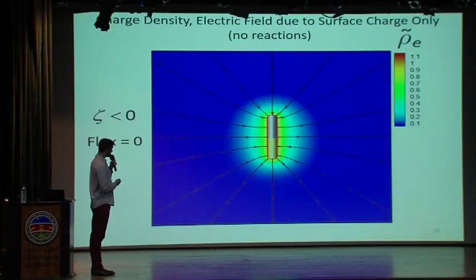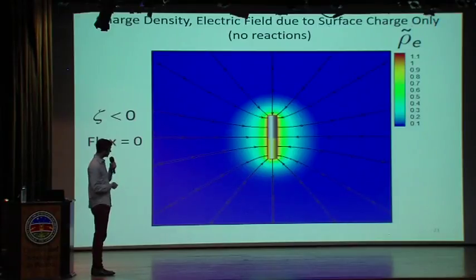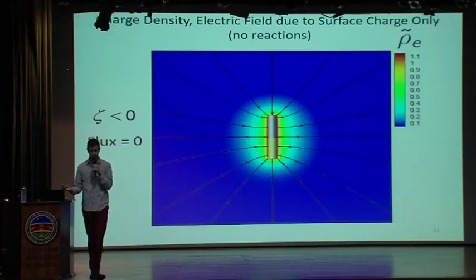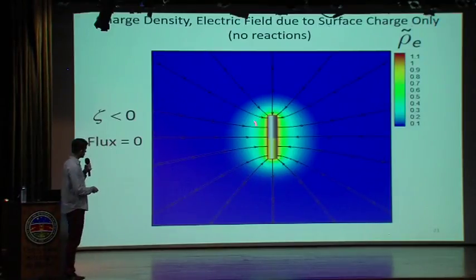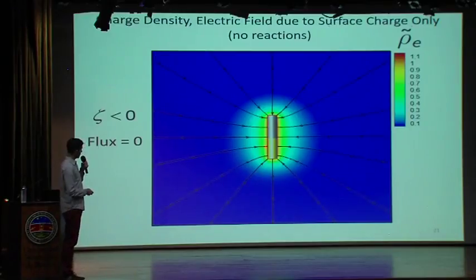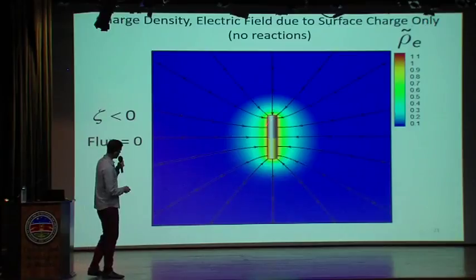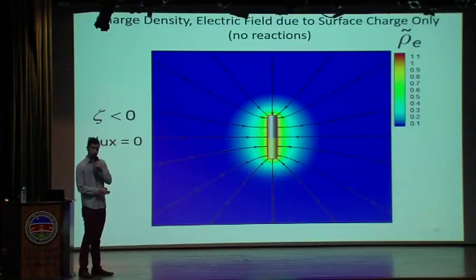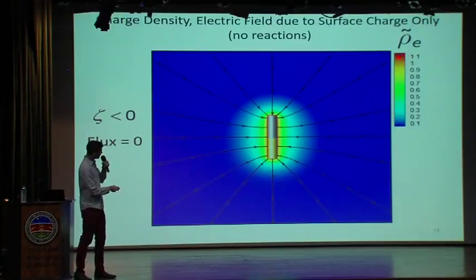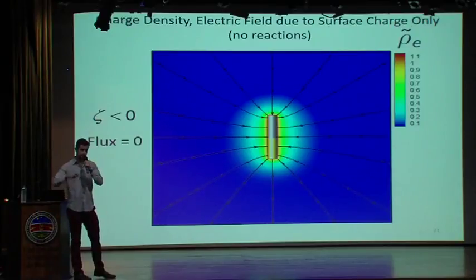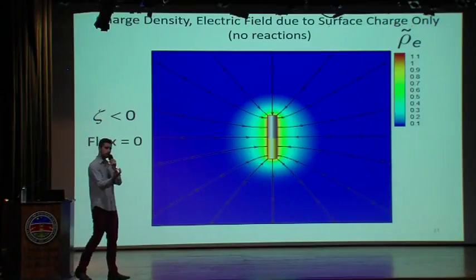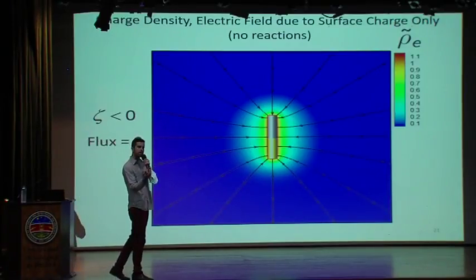What you're seeing here is a rod. These are results of computer simulation, for a rod in peroxide, or just in water. And what you're seeing here is a negatively charged rod. And in color, you're seeing charge density. It's essentially how strongly charged the fluid is at a given point.